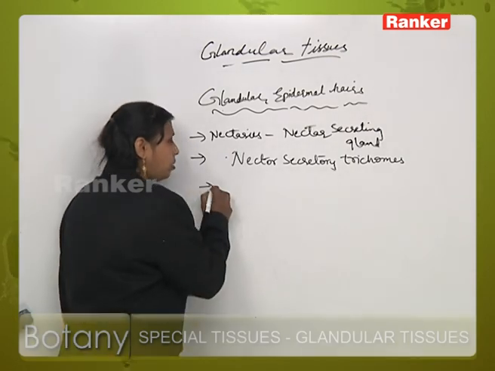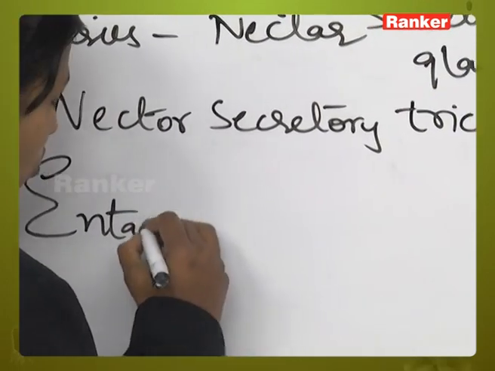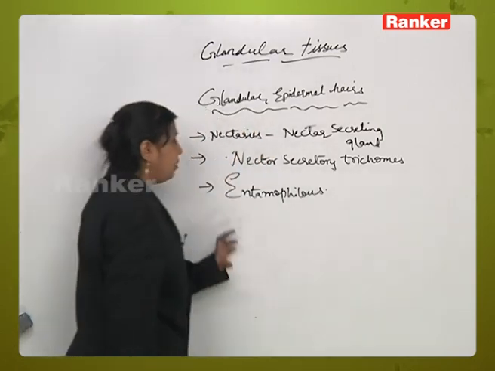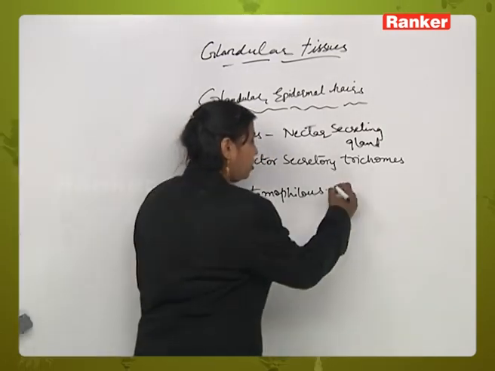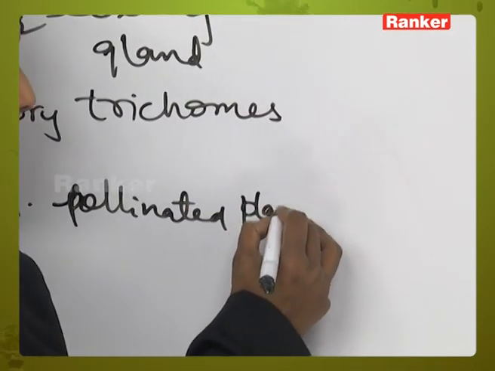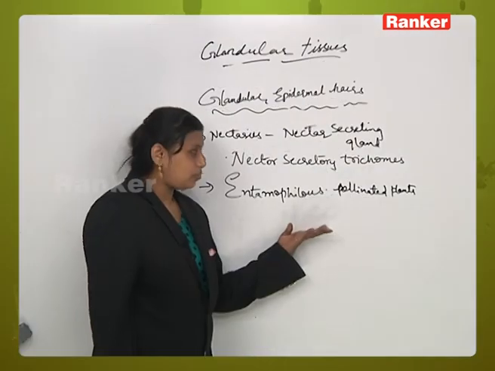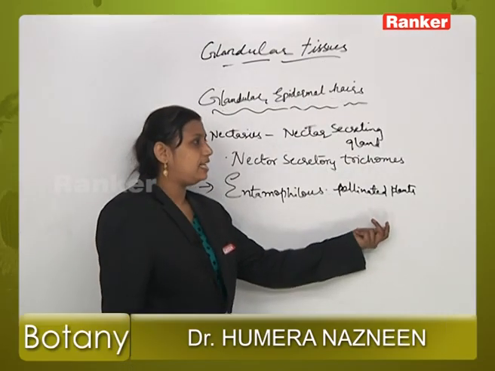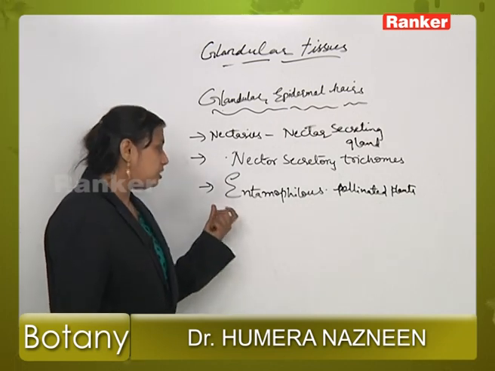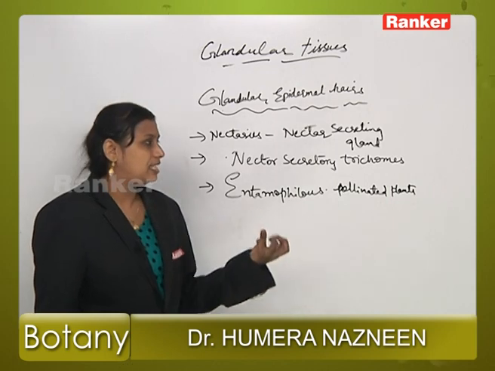Now, in almost all the entomophilous pollinated plants, they mostly secrete nectar through this special type of glands, and these glands are used for attracting the insects towards them.